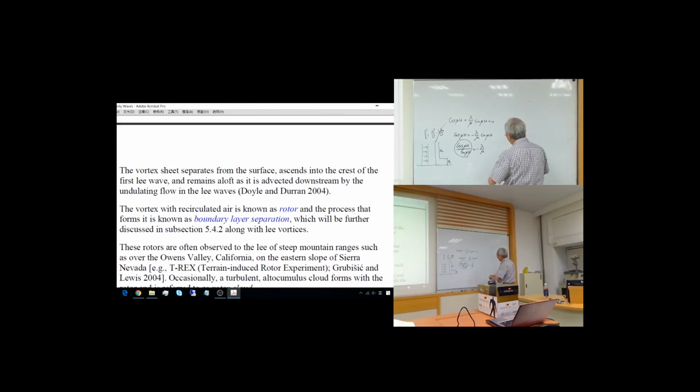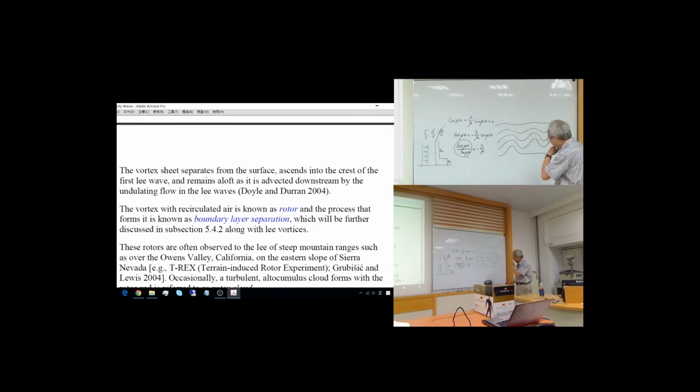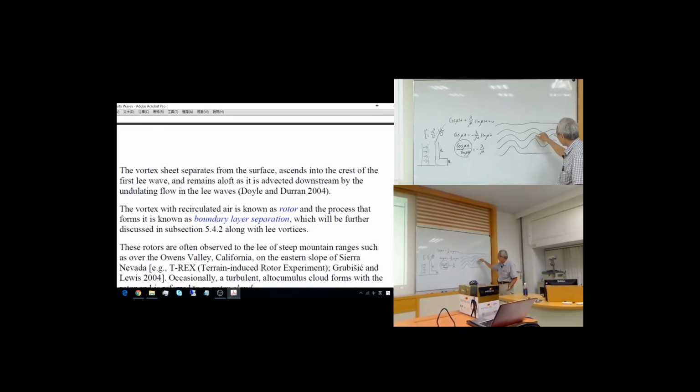So one phenomenon you probably want to know, at least the basic mechanism. Say you have D waves like this, D waves like this, D wave like this, and then probably eventually break up like this. So you can have D wave cloud at certain height, as long as it's above the local LCL. Then you can have cloud here, cloud here, cloud here.